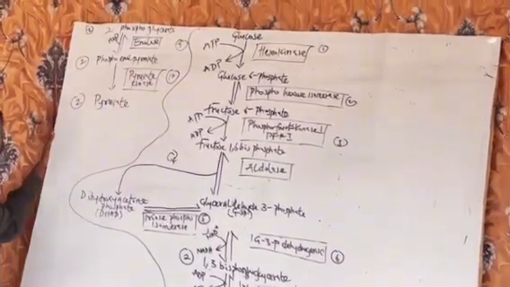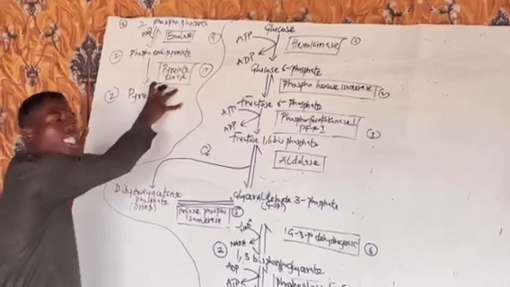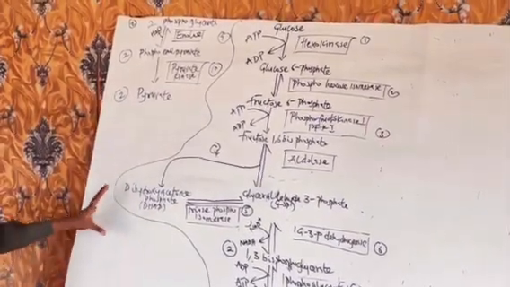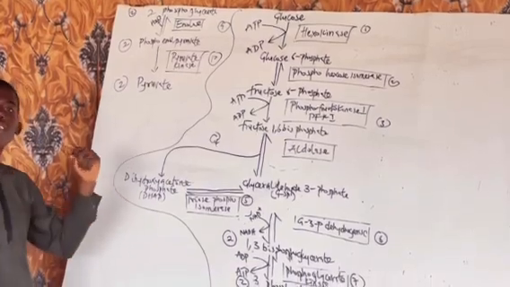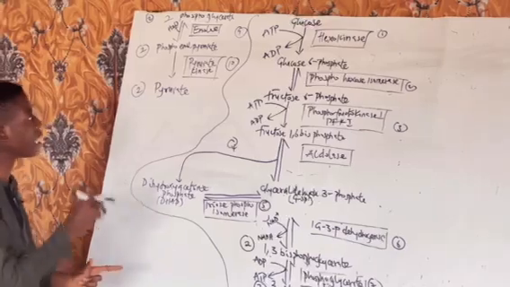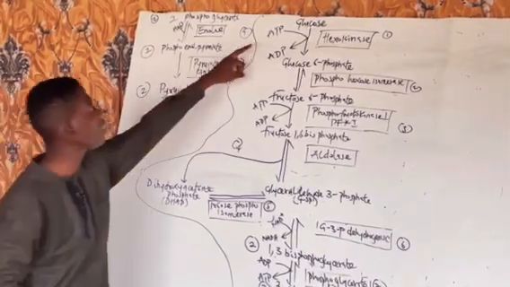In our next video, we'll be talking about the fate of this pyruvate. But now, we need to talk about the number of ATP produced from this pathway.